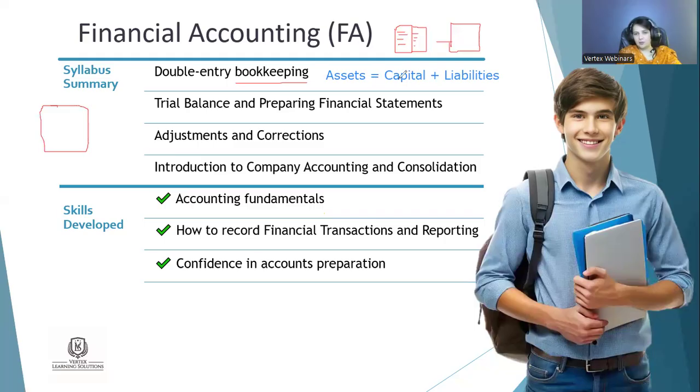Assets: obviously, when a person starts a business, he needs to invest some amount of money. The owner is bringing cash into the business, or a building, or a vehicle, anything he's bringing into the business. There is no business until a person starts and says, okay, I'll bring something. This is the investment.